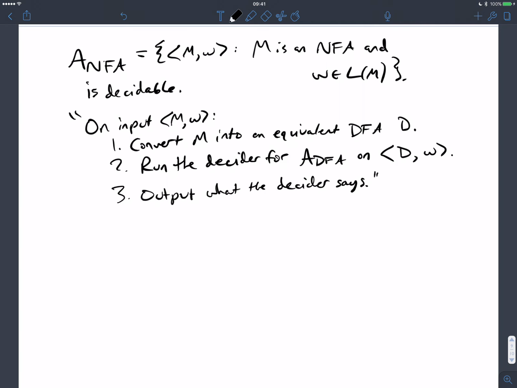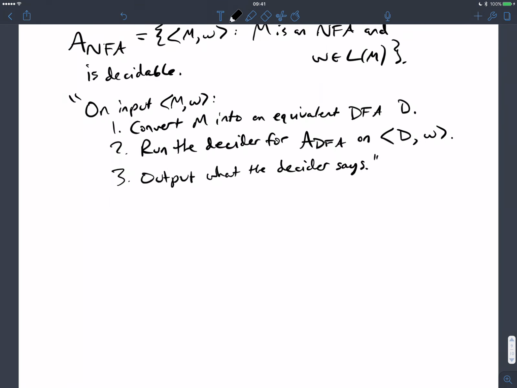So correctness is good here because the DFA has the same language, but is it a decider? Step 1 runs in a finite amount of time, as we said. I assume by earlier discussion that step 2 runs in a finite amount of time, and step 3 certainly does too. Any questions about this? All right, I'll see you next week.